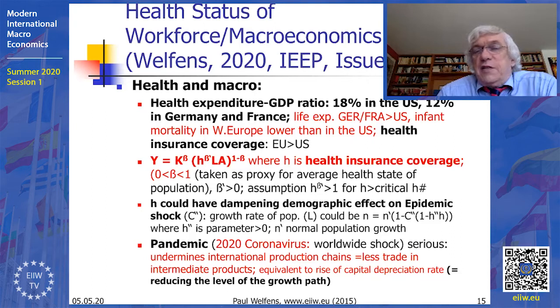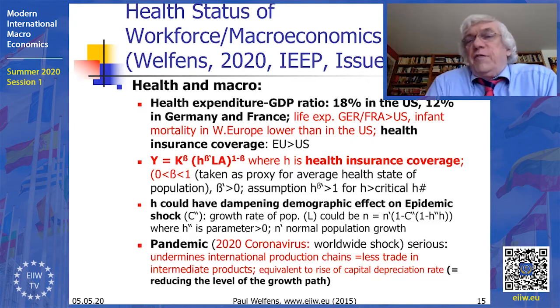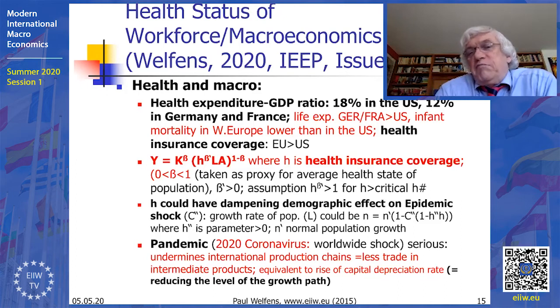So this means that, okay, if there is a corona shock, if there's the flu season, if you have an infection wave, then this will dampen the growth rate of the population.